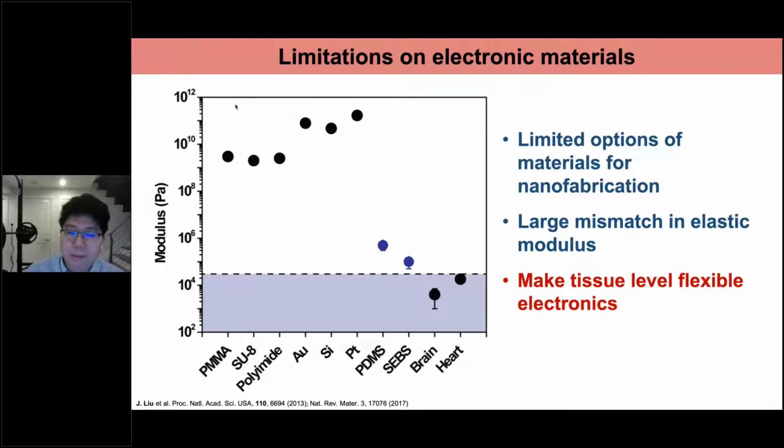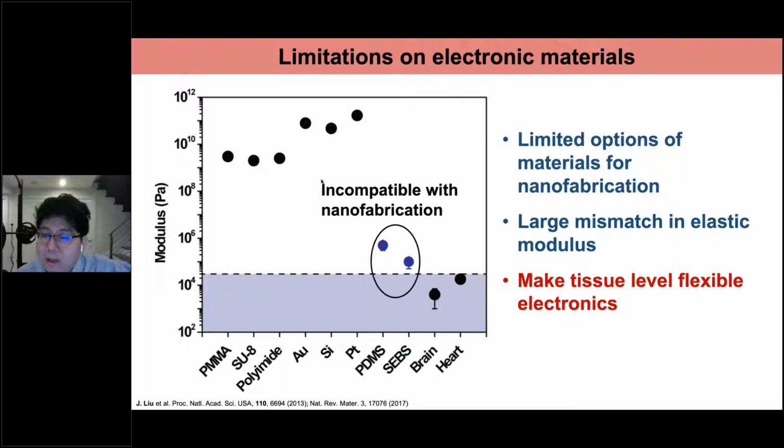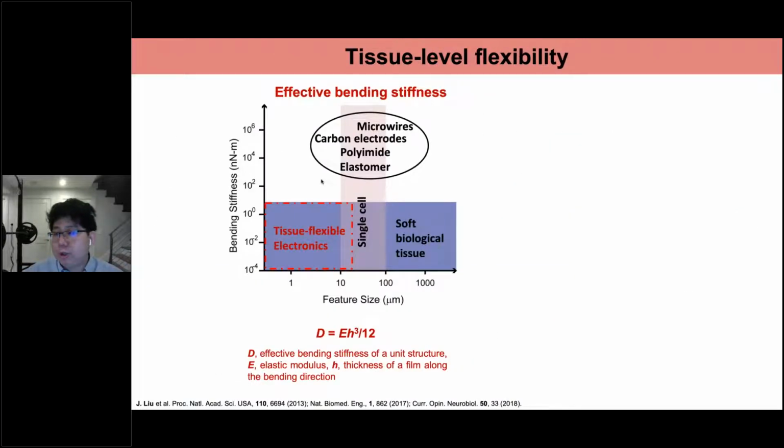There may be some materials like PDMS or conventional elastomers, which have a Young's modulus close to the tissue. However, they are not compatible with nanolithography fabrication. So in the very beginning, we didn't have materials available to fabricate tissue-level soft interconnects.